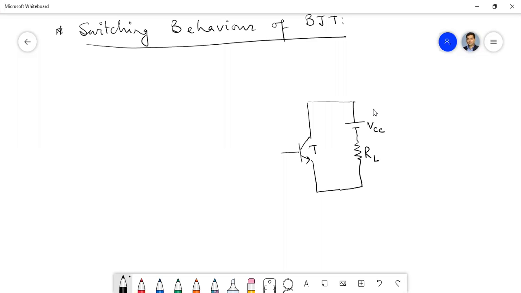Now this needs a circuit to drive. Just a minute. Let's draw this first.